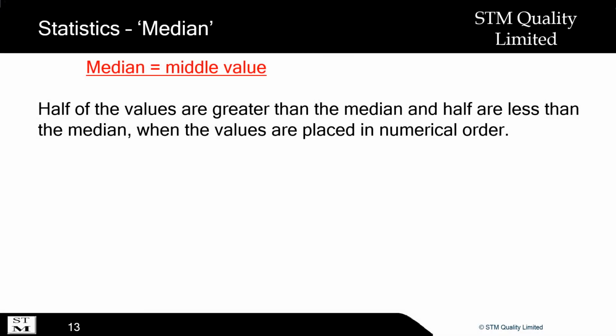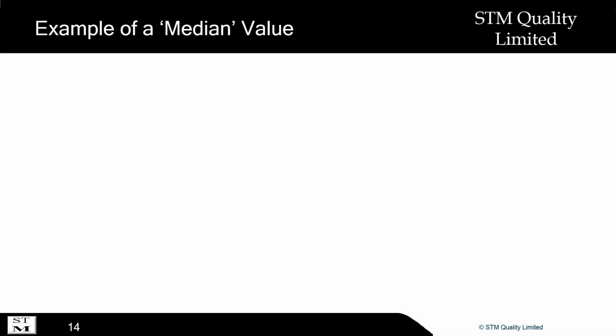The median is equal to the middle value. Half of the values are greater than the median and half are less than the median when the values are placed in numerical order. Find the median value of 4, 6, 7, 9 and 4.